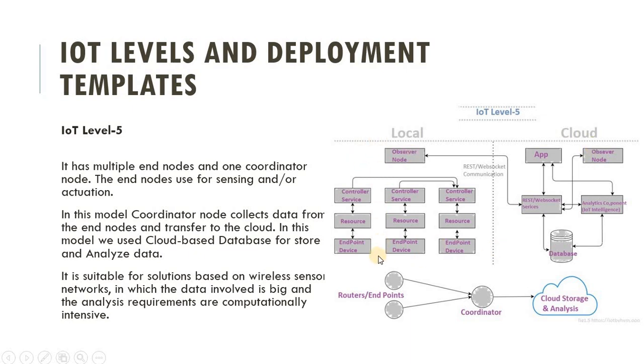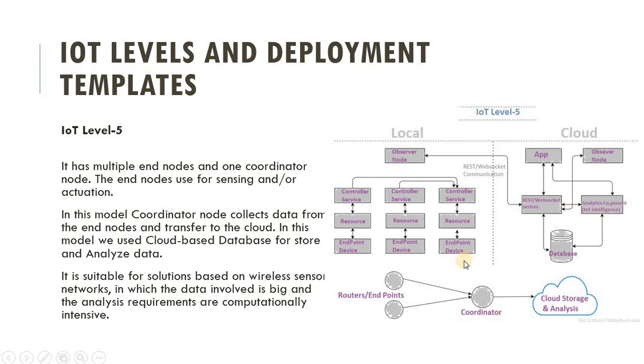In the local application there are endpoints, resources and control services, and there is one observer node which is a coordinator between the local endpoints and the cloud, and this is connected to the web services of the cloud. The application is also installed over the cloud, this REST service is also connected with the observer node of the cloud, and analysis is also done at the cloud.